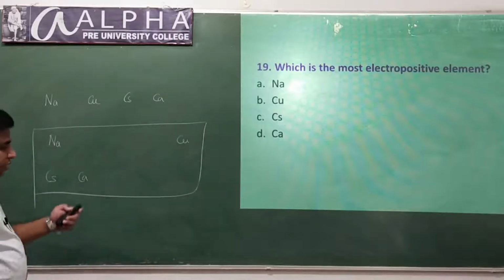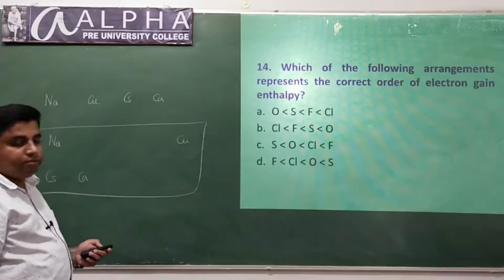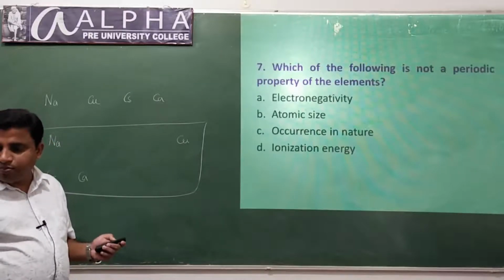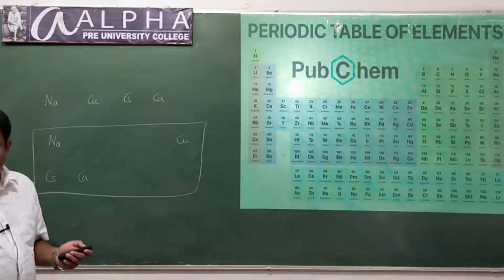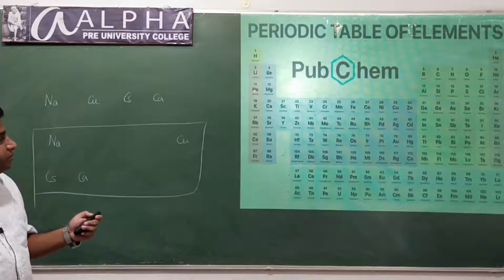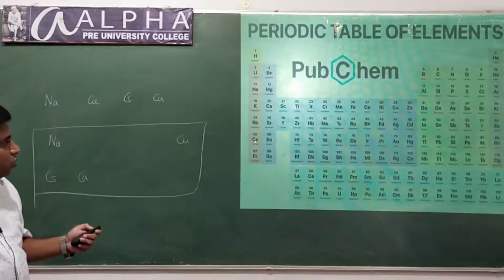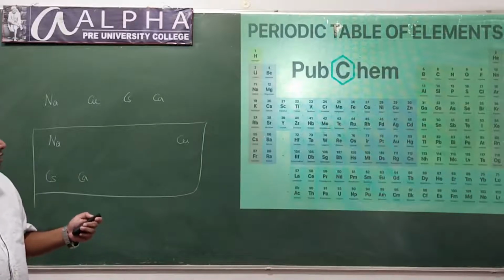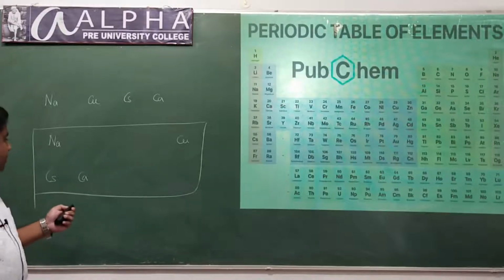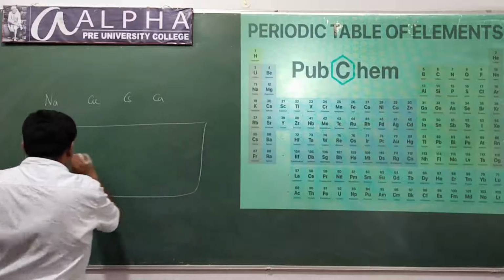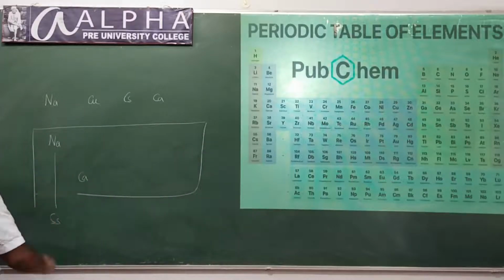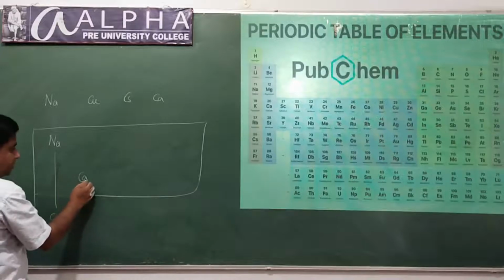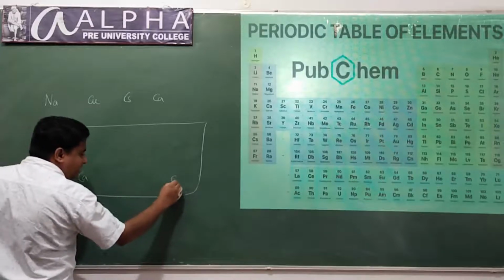Look at the periodic table. First we have sodium, and then down to it we'll have cesium, then we have calcium, and in the same period as calcium we'll have copper.